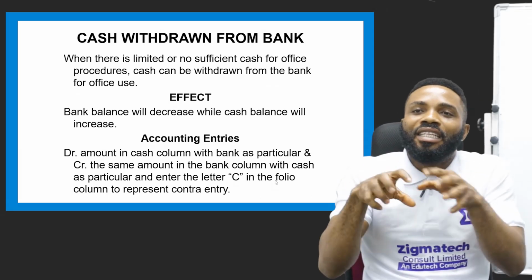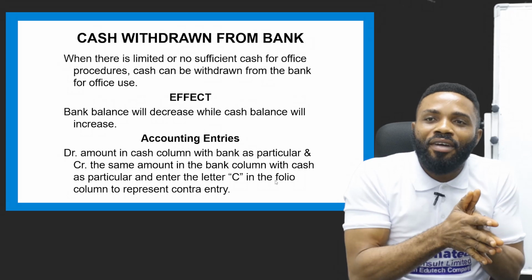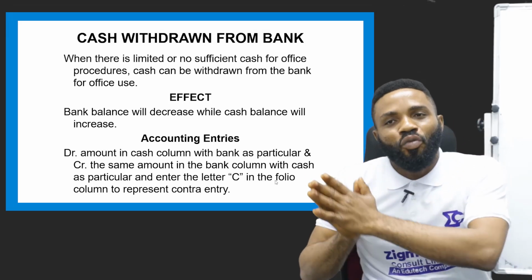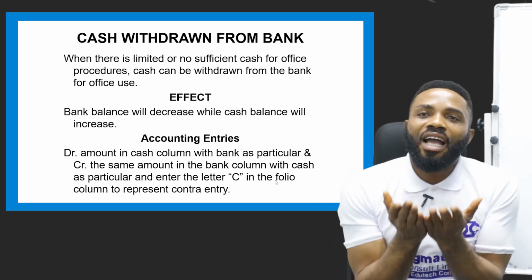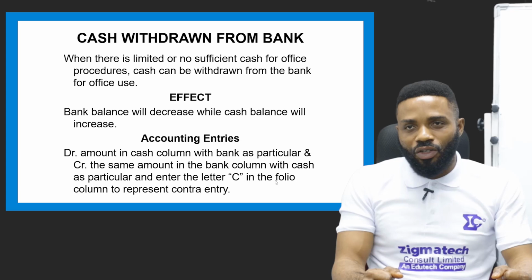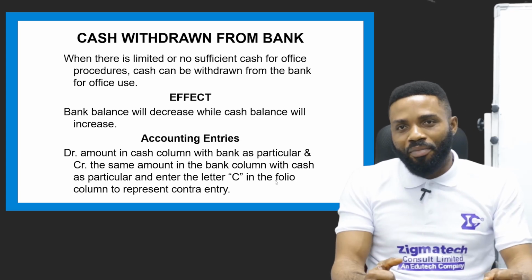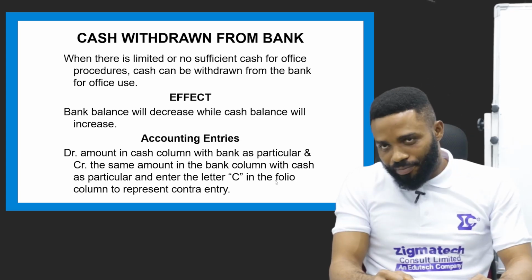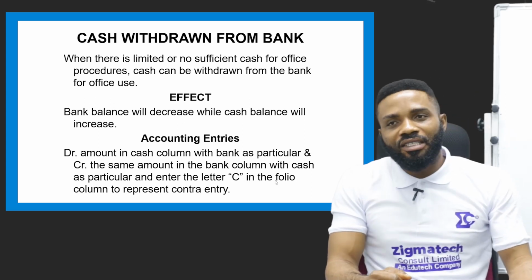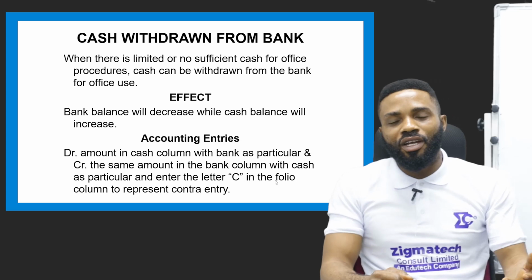At that point, the cash at hand will increase, while the bank balance will do what? Decrease. So when there is limited or no sufficient cash for office procedures, cash can be withdrawn from the bank for office use. The effect is that the bank balance will decrease while the cash balance will increase.